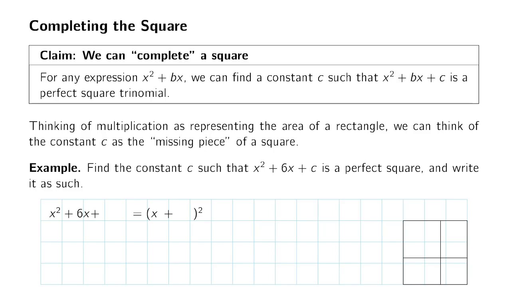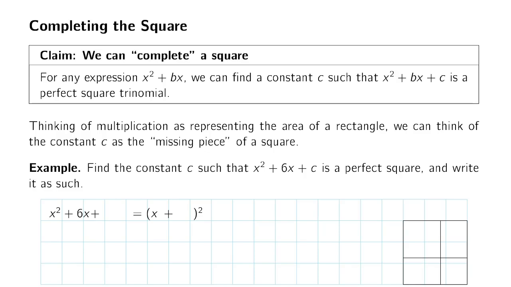So let's think of multiplication as representing the area of a rectangle, as we did when we first multiplied polynomials. And we're going to think of our constant then as a missing piece of a square.